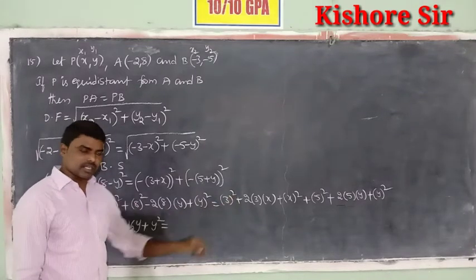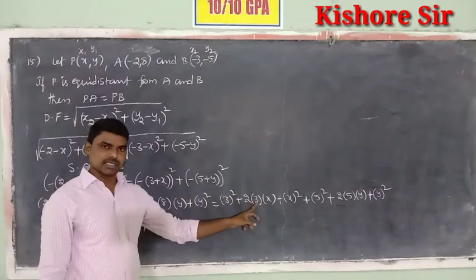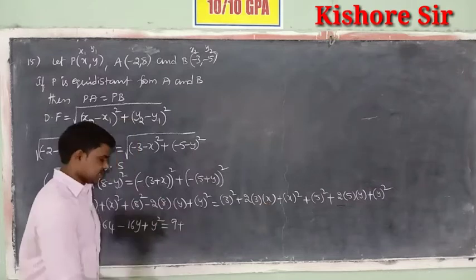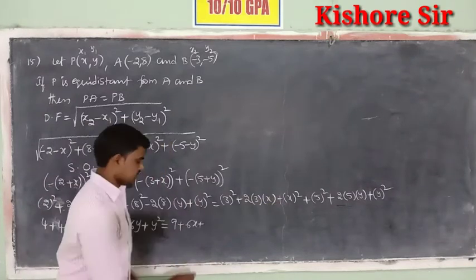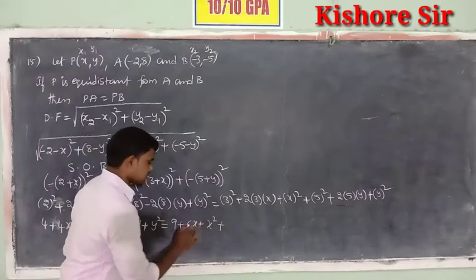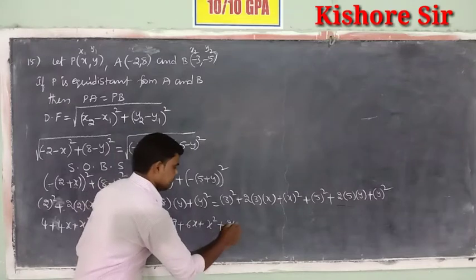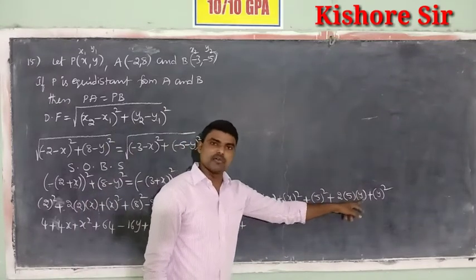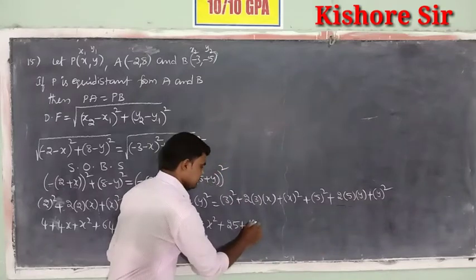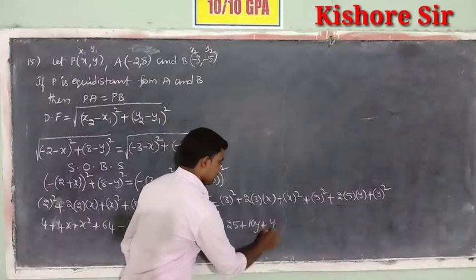The value of 3 square is 9, plus 2 3s are 6, 6 into x, 6x, plus x square, plus 5 square, 5 into 5 is 25, plus 2 5s are 10, 10 into y, 10y, plus y square.